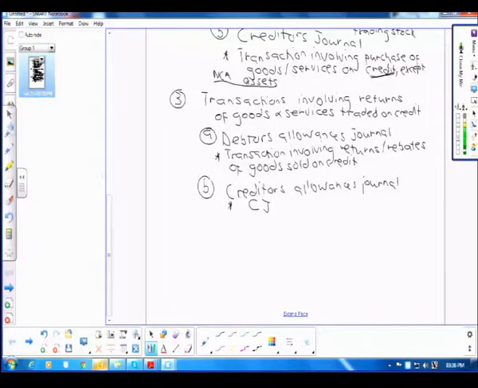And then we go to the last category, category number 4: transactions not belonging to the above 3 categories.